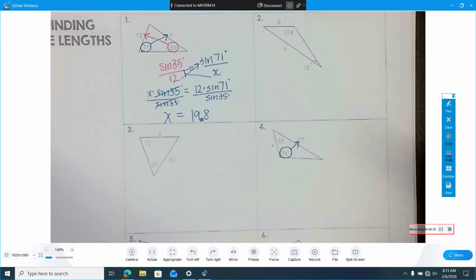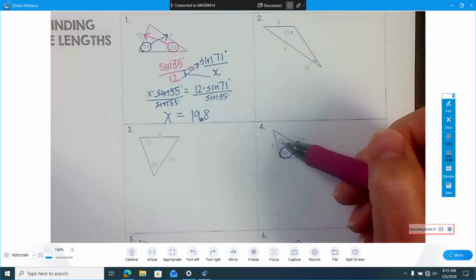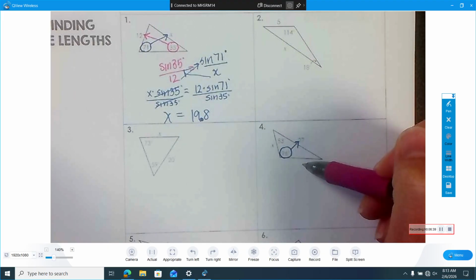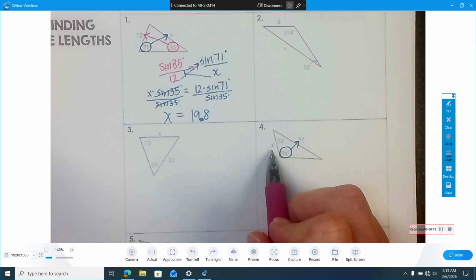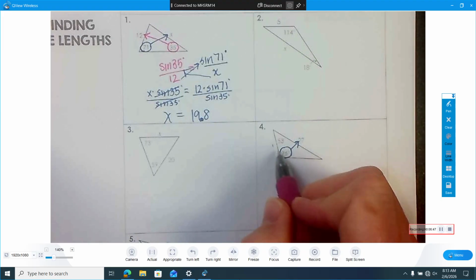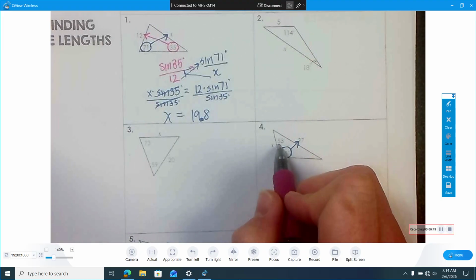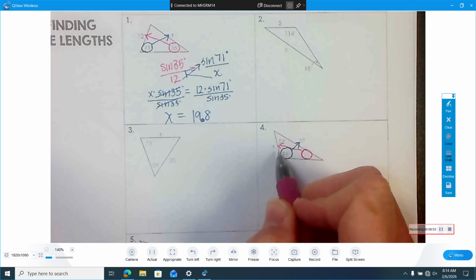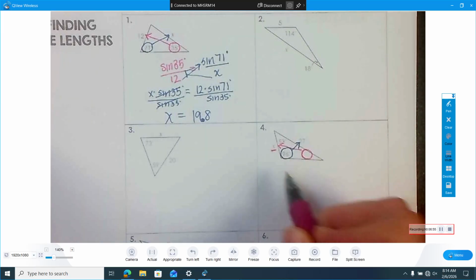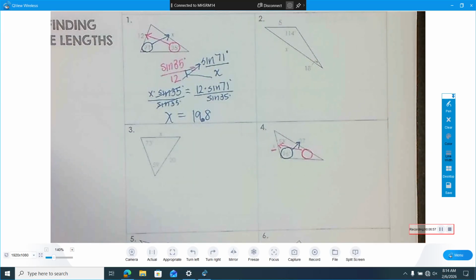Which means I can't use 53 because I don't have information about its side. The x is right there, so I can't put in another x. That's the x we're trying to find. And if this is the x I'm trying to find, then I need to know that angle measure there.